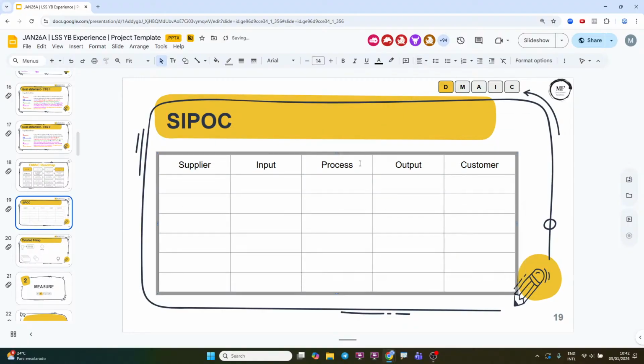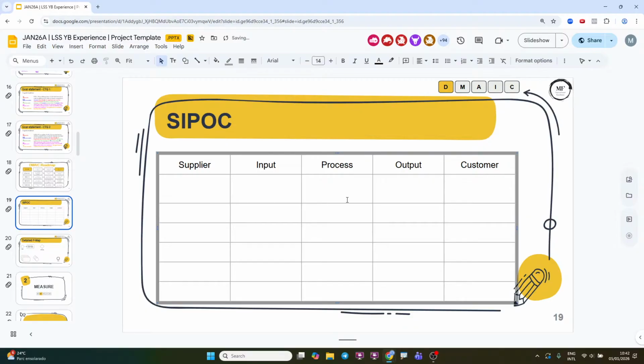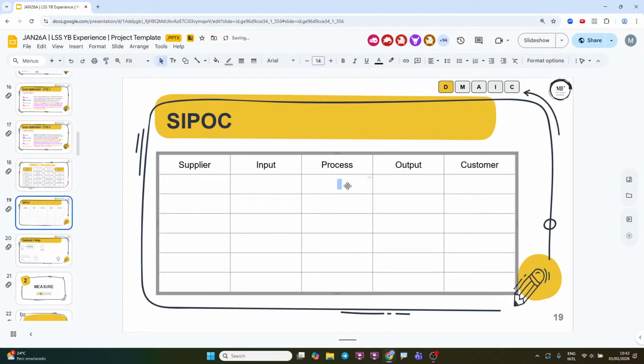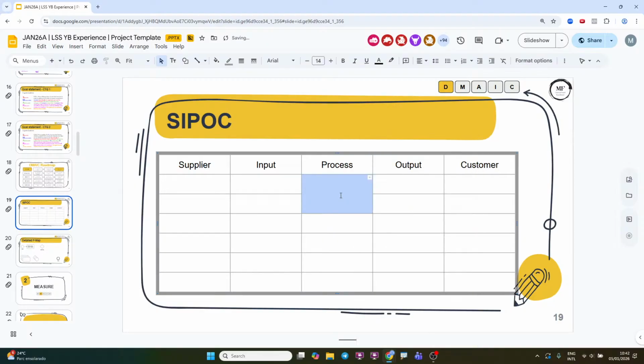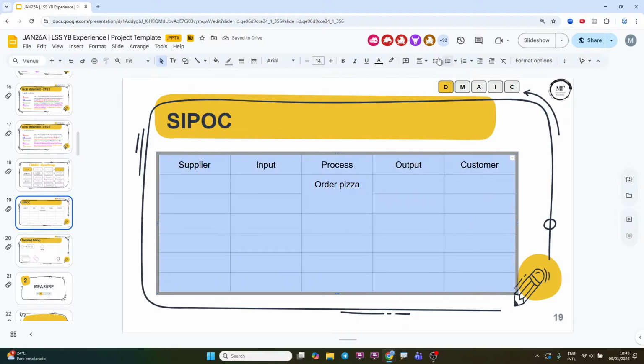I have observed that the process starts with, let me see if you agree, order pizza, and it's always verb noun: order pizza, verb noun.